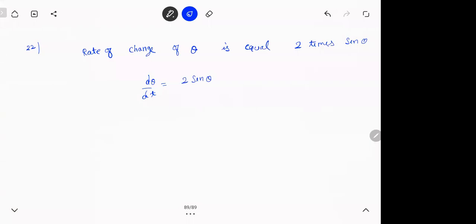Which increases twice, twice as fast as its sine.